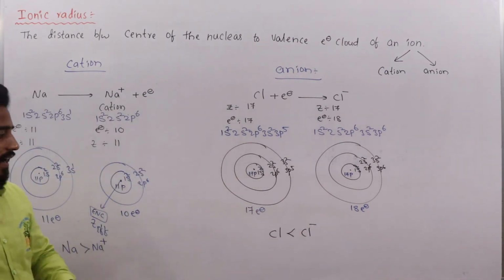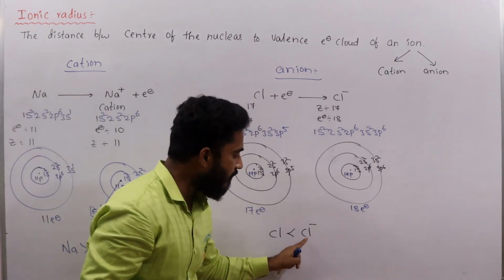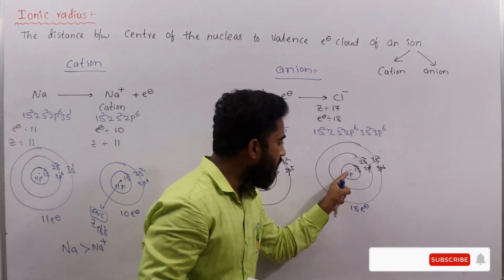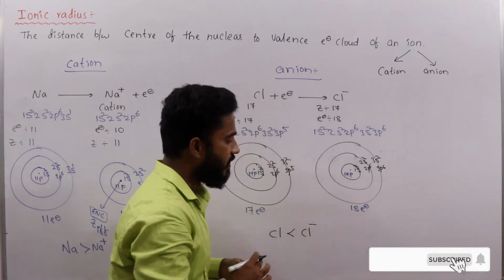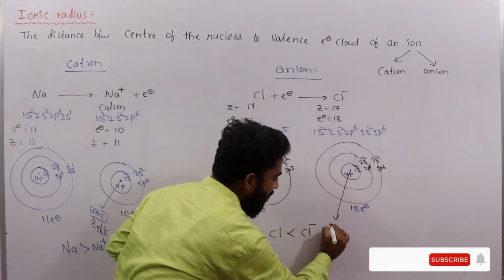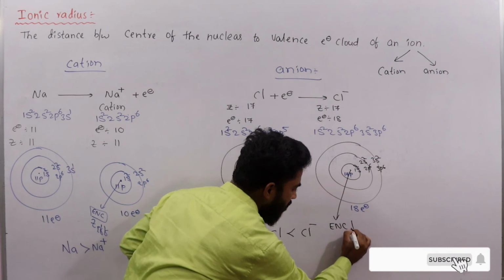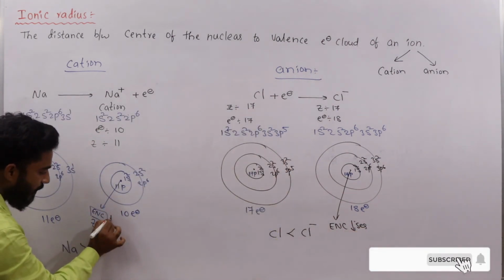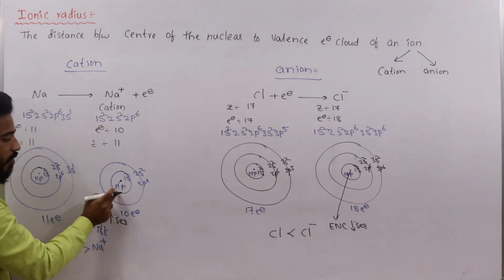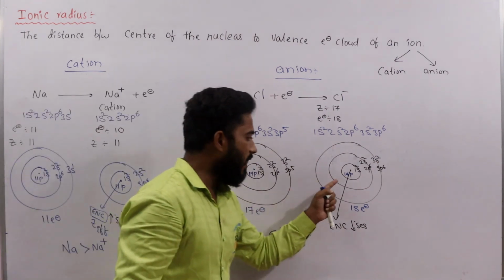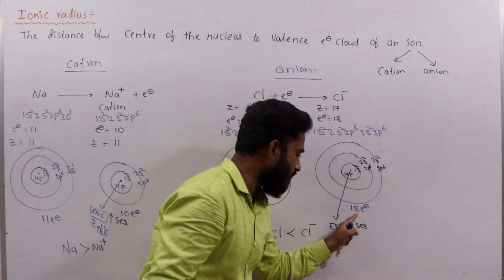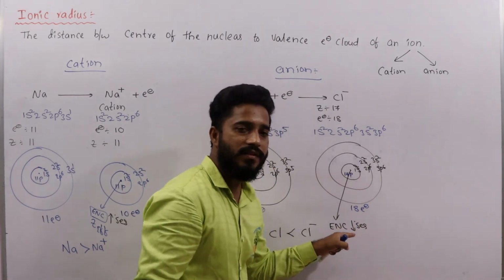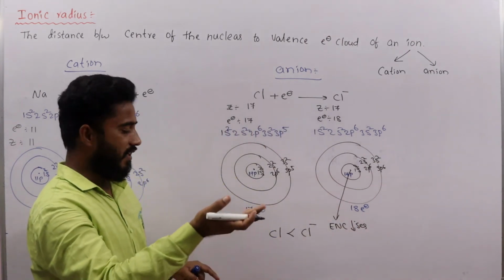That means the anion has more size because of decreased effective nuclear charge. But in the cation, effective nuclear charge increases due to the more number of protons. Here, due to the lesser number of protons compared to electrons, effective nuclear charge decreases. That's why size increases.